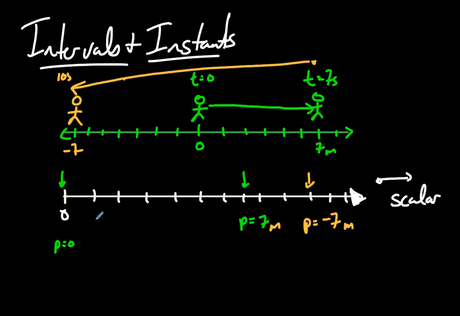Okay, so the first thing to note here is that time is a progression of instants. Okay, time is a progression of instants. So what does that mean? Well, let's define what we mean when we say an instant.